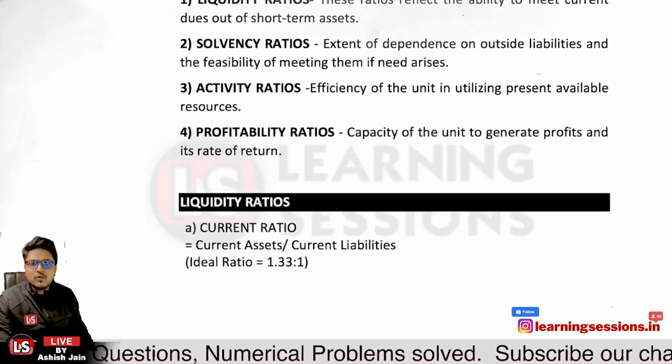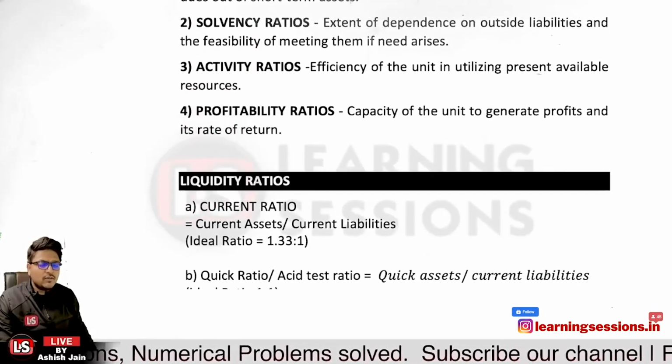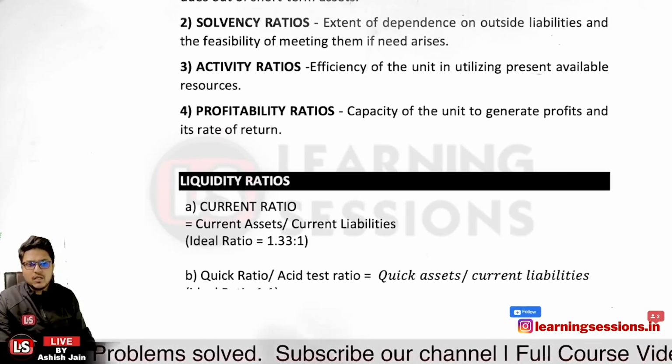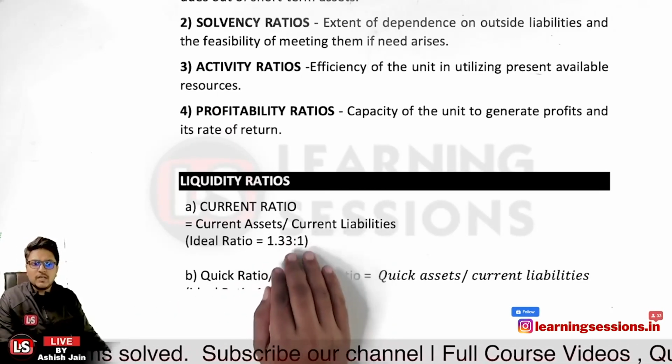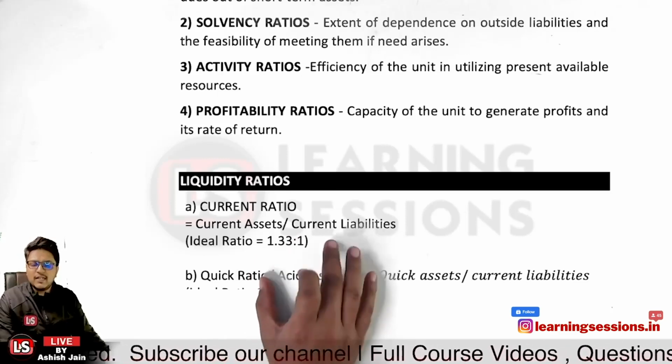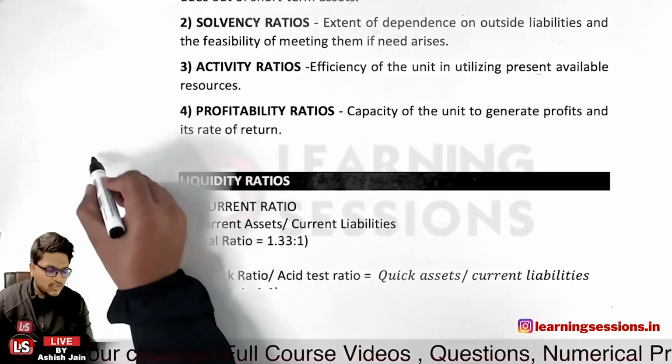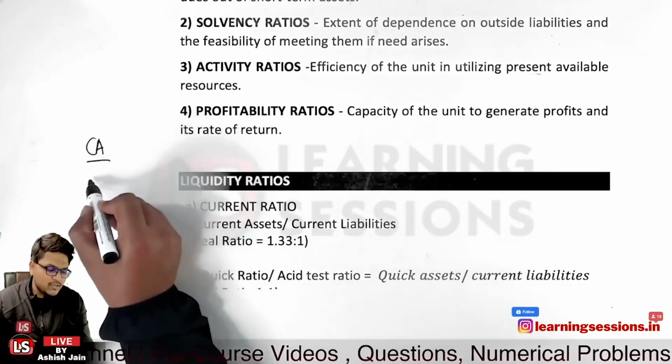The first type of ratio that we are going to cover is liquidity ratios, and it says current ratio. Current ratio is equal to current assets divided by current liabilities. So we have the current assets in the numerator, and in the denominator we have the current liabilities.